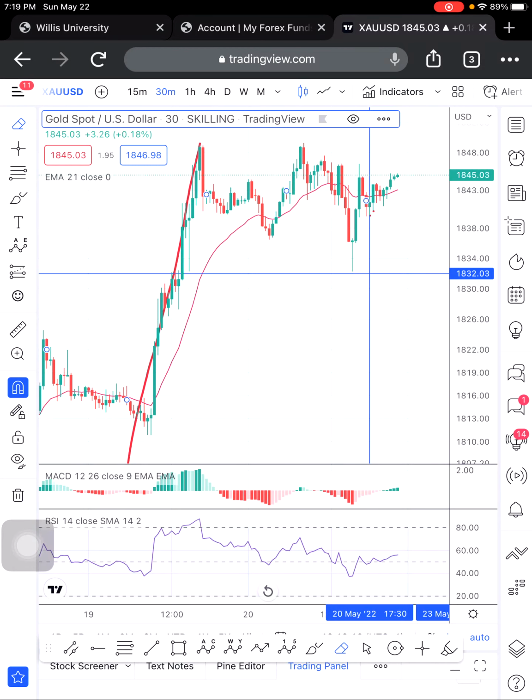Please, I don't depend solely on this RSI as a buy or a sell signal. One, I must get the direction of the market, break of resistance, then I'm waiting for a retest. At the retest level, that is when I'll go down to the lower time frame to check if RSI is oversold.